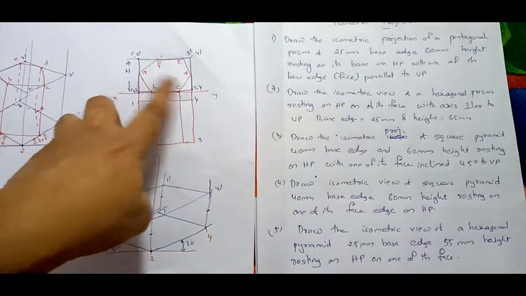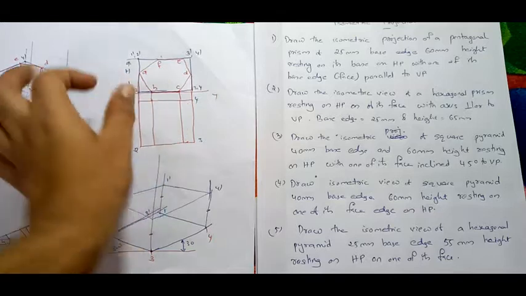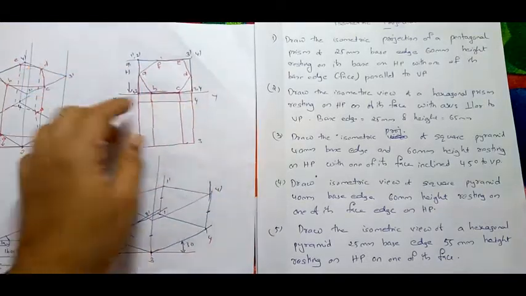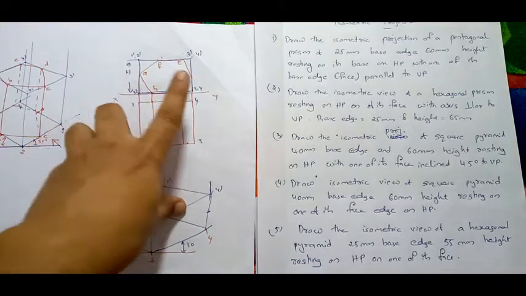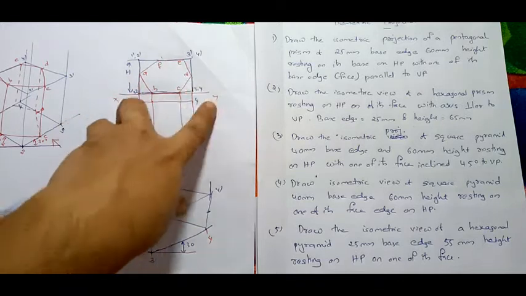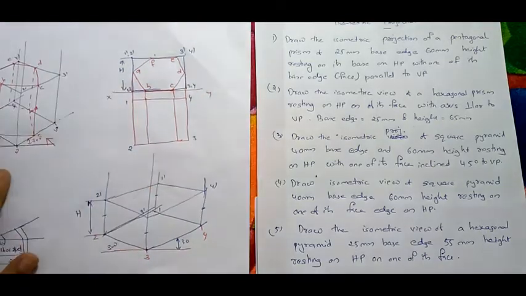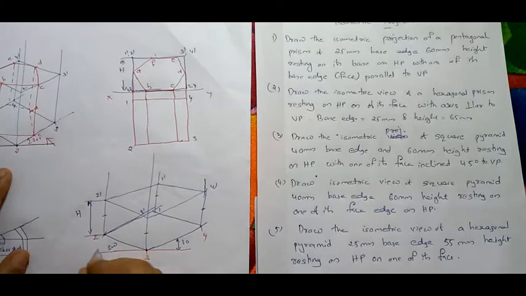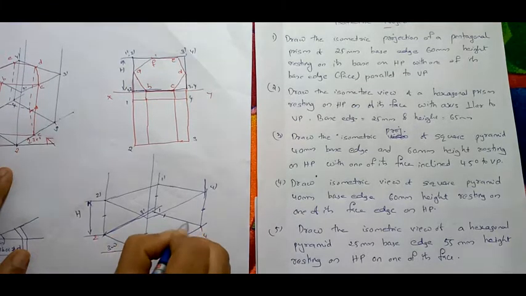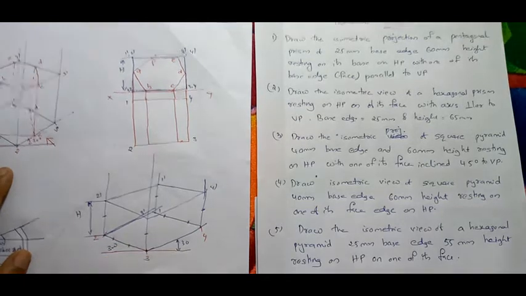So BC is cutting on 1 4 and 2 3. So take these distances. These two distances will be the same. Take these distances, cut on 1 4 and 2 3. So on 1 4 you'll be cutting 2 points here and on 2 3 you'll be cutting 2 points here, right?